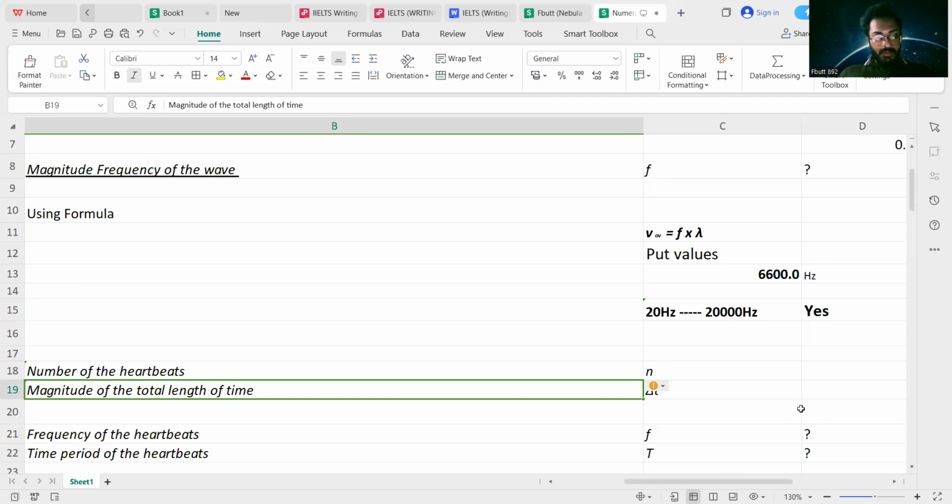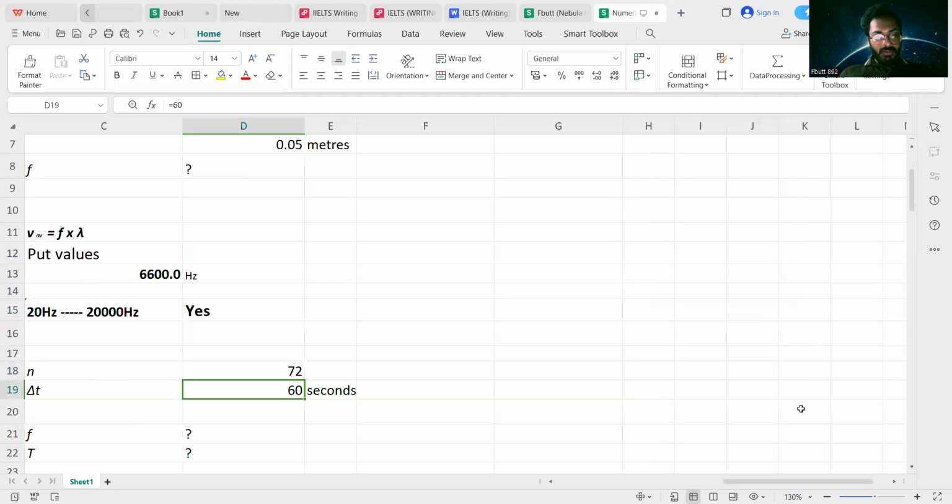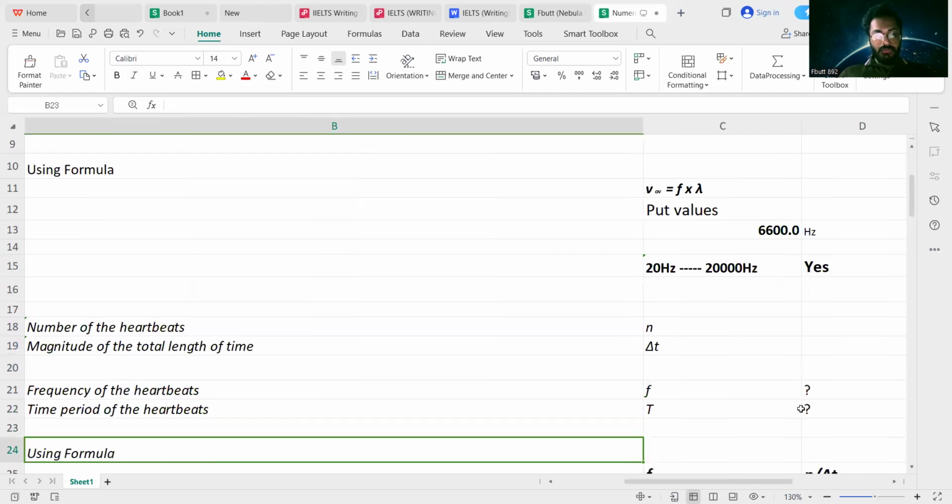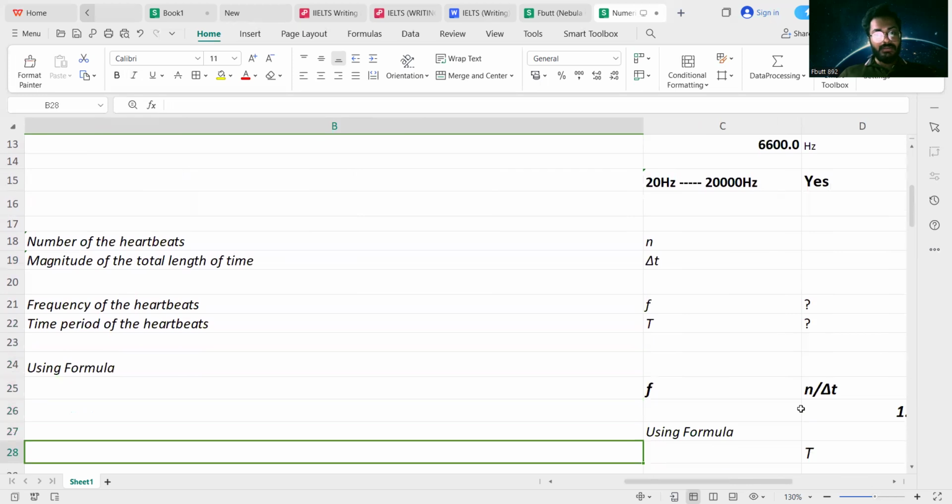The examiner has said in the numerical that the total length of time required to complete the 72 vibrations is approximately 60 seconds. I have written it directly as 60 seconds because 1 minute is equivalent to 60 seconds. But you should write 1 minute first, then convert the 1 minute into 60 seconds. That is the formal procedure to convert any particular unit into the SI unit.